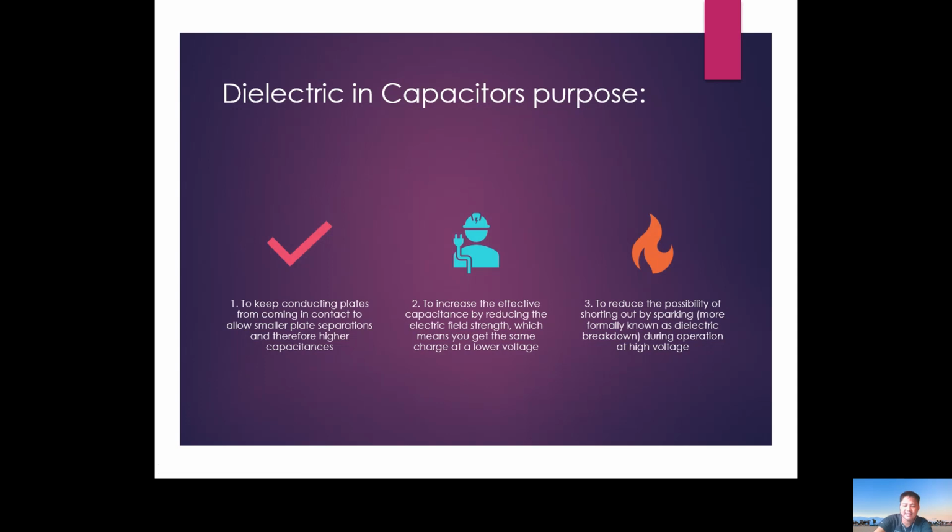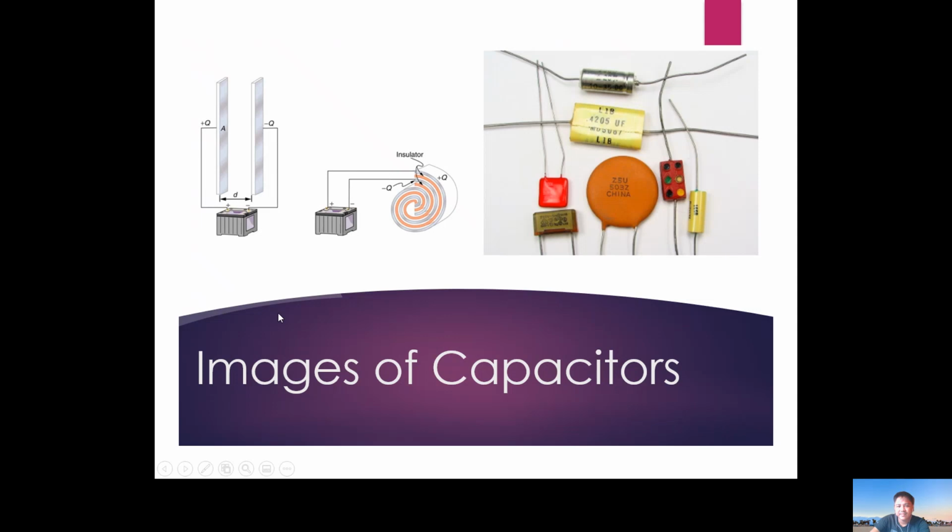Lastly, since we are talking about the value of dielectrics in capacitors, here is an image of a capacitor, and just a trivia: we have two normal usages of this capacitor. This is a parallel capacitor, so the plates are parallel.